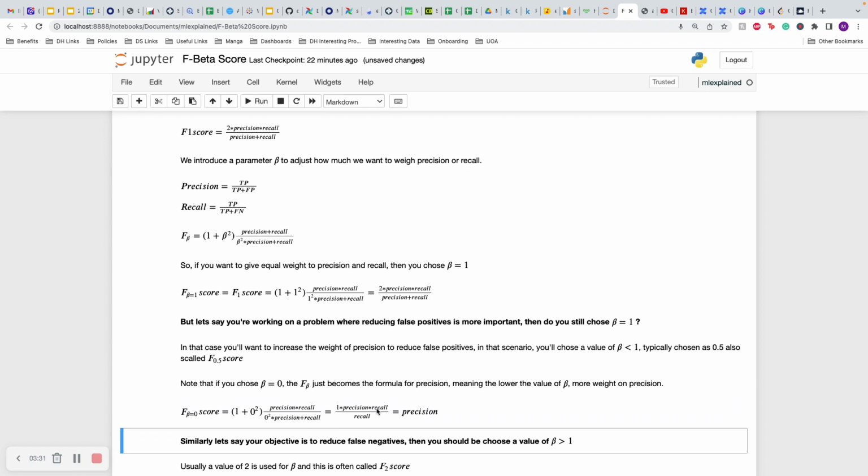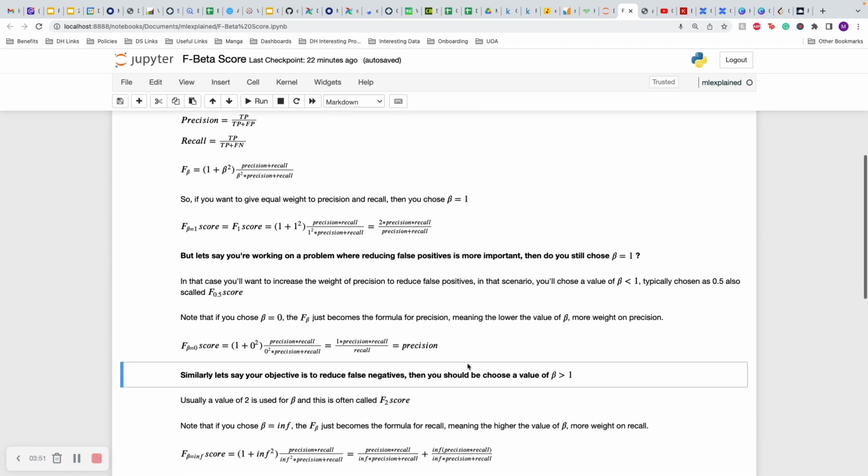So that's 1 into precision into recall by recall, and this just becomes the precision. So essentially, the lower the beta value, the more emphasis you're putting on precision. And with a beta value of 0, the F beta formula just devolves into precision. So the more you focus on precision, the more you focus on reducing false positives.